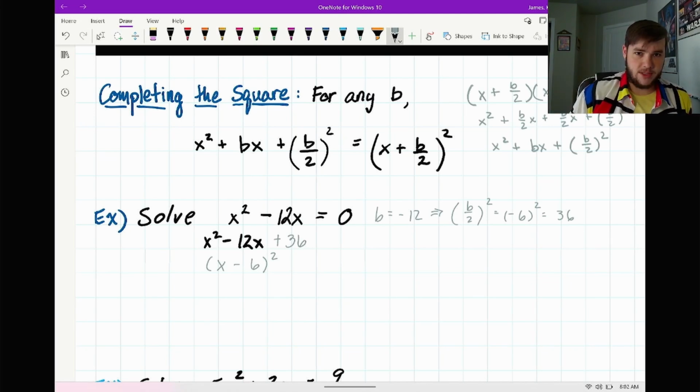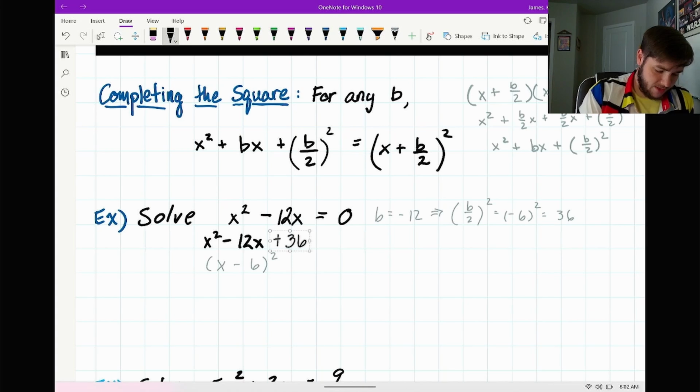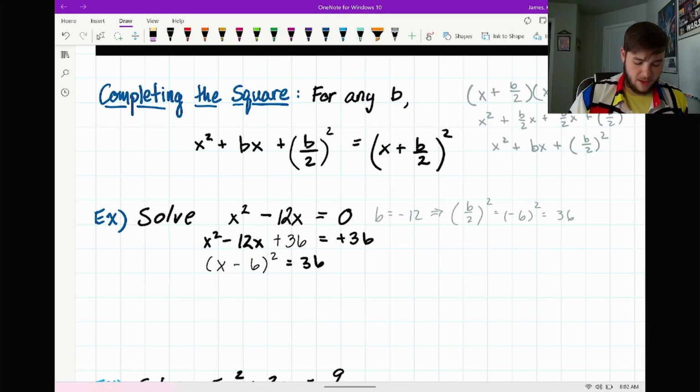Well, let's just add the 36 in. Because if I can just add the 36, as long as I add 36 to the right-hand side as well, I have a problem that I know how to solve using the square root property.